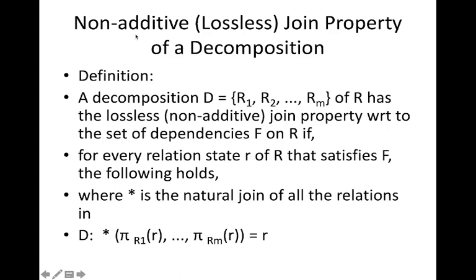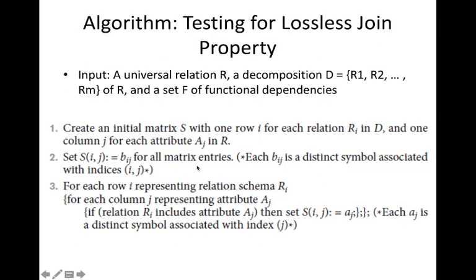That is why it is known as the non-additive join property or lossless join property. After decomposition, when we join these two tables again, we should get the first table itself. That is the basic idea of the non-additive or lossless join property.